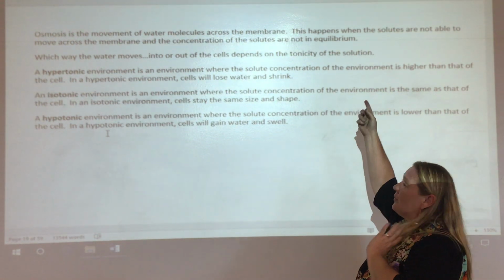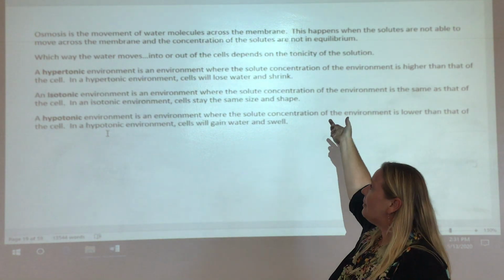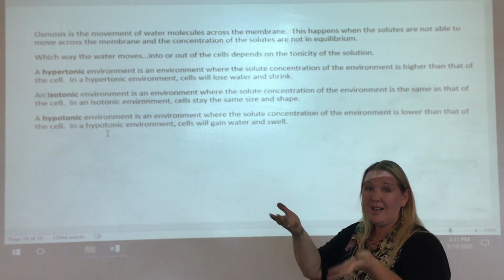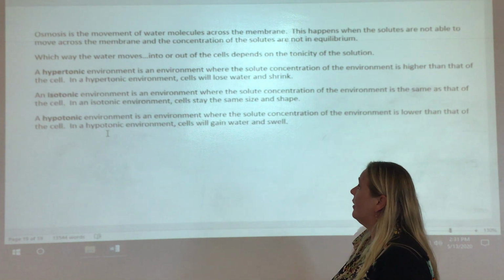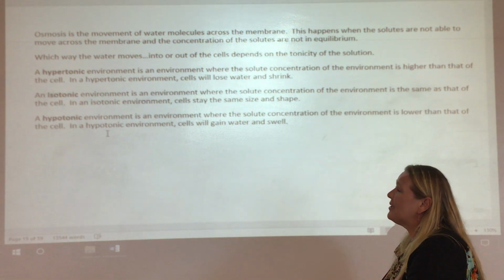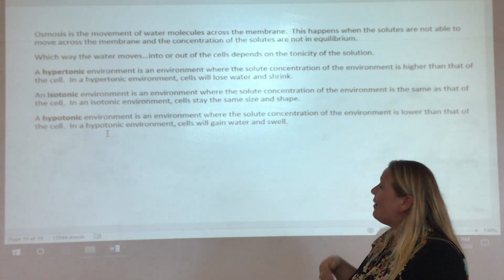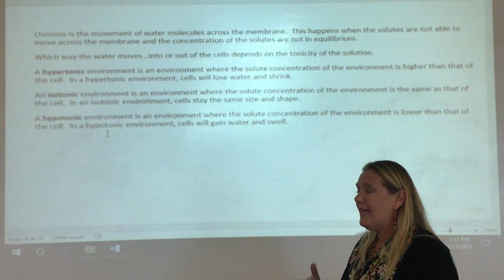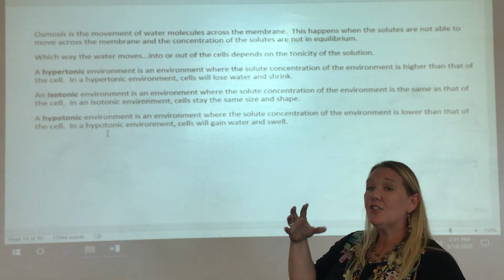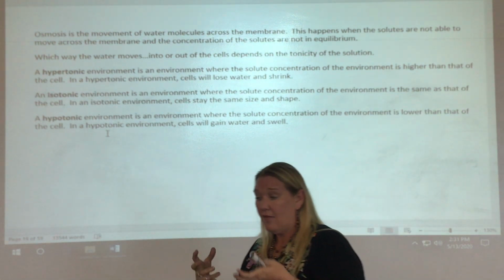So if the solute, the solid particle, is too big to move across, then the water is going to try to balance it out and equal it out. Which way is water going to move? Is it going to move into or out of the cell? That's going to depend on the tonicity of the solution outside of that cell.